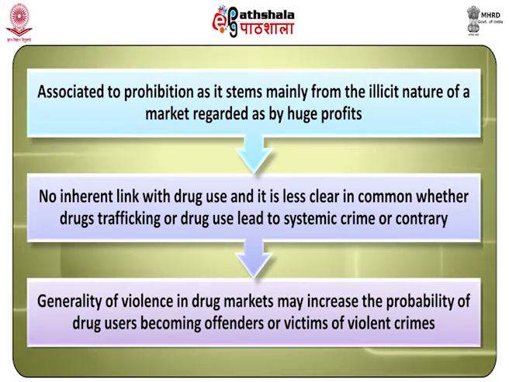There is no inherent link with drug use, and it is less clear whether drug trafficking or drug use leads to systemic crime or the contrary, or even whether they are just part of the identical overall lifestyle.